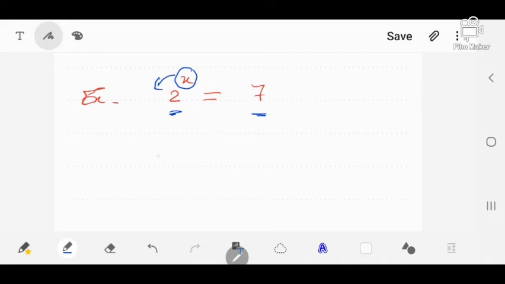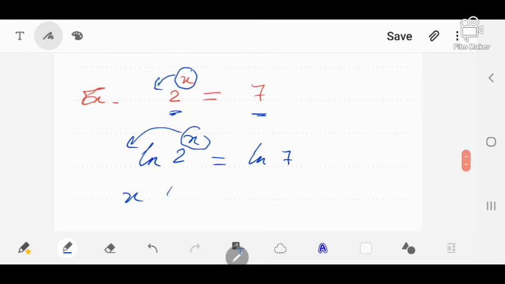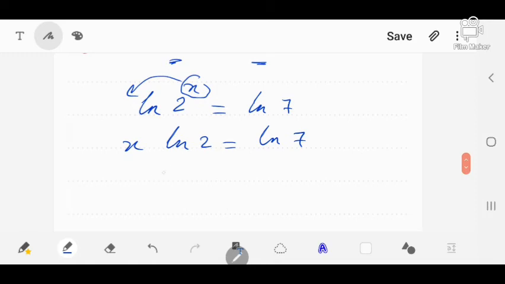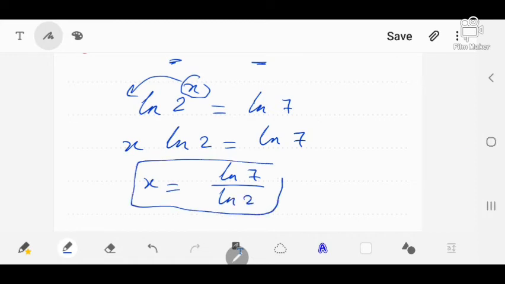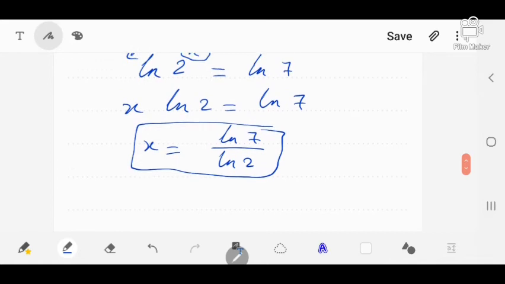You have the option either log to base 10 or ln, since we have both buttons on the calculator. Either one. So let's do ln, for example. ln 2 to the power of x equals ln 7. Now by the properties of logarithms, the power will go down, so this will be x ln 2 equals ln 7, which means x will be equal to ln 7 over ln 2. This is the exact answer, and if you want an approximation, you can just use your calculator.